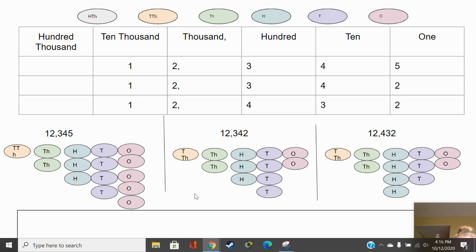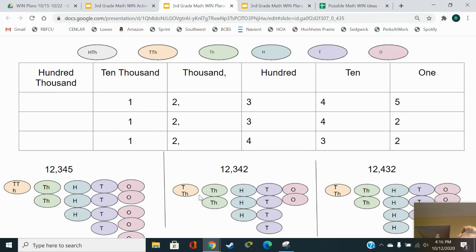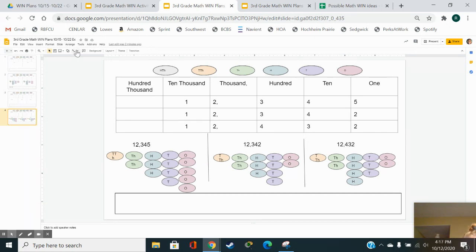So I'm going to go ahead and come out of present mode so I'm able to cross things off so I can see where things get different. So I'm going to use my line again, and I'm going to cross off my 10,000s because they are the same. I'm trying to figure out where they get different.